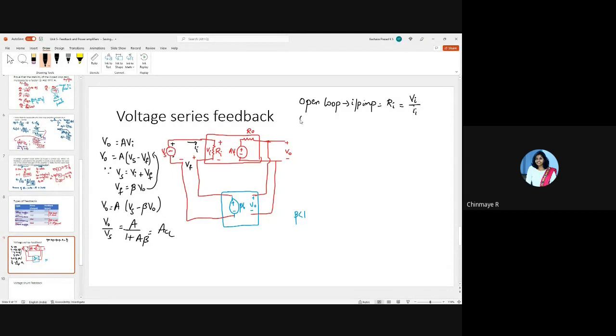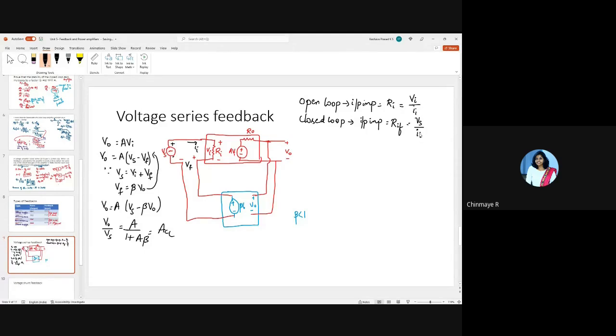In case of closed loop, that is with feedback, let's call this input impedance RIF, the input impedance with feedback. This will be given by input voltage divided by the input current. Same loop current is flowing, so I can write Ri with feedback as input voltage, which is Vs, divided by Ii.